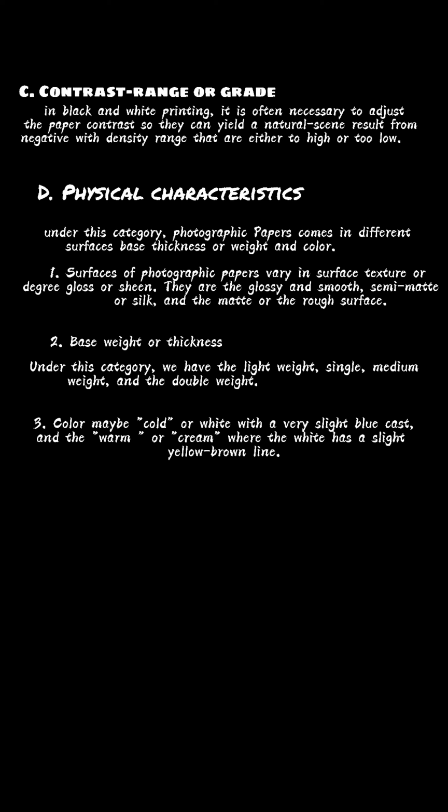Number 2. Weight or thickness. Under this category, we have the lightweight, single weight, medium weight, and the double weight. Number 3, color may be cold or white with a very slight blue cast, and the warm or cream, where the white has a slight yellow-brown tint.